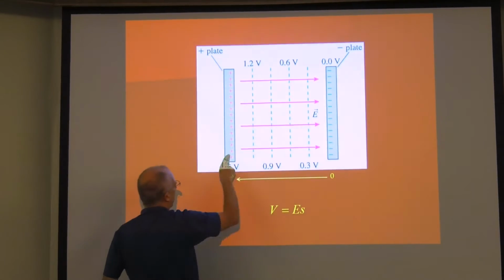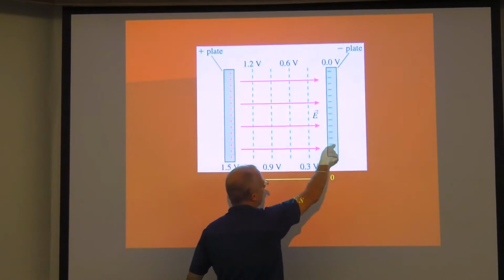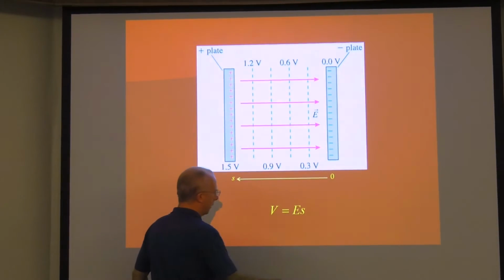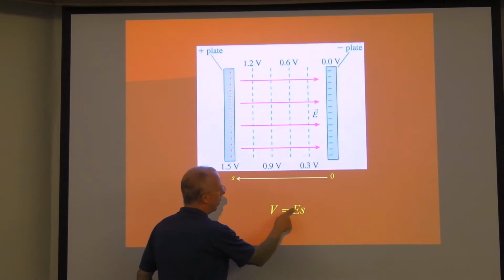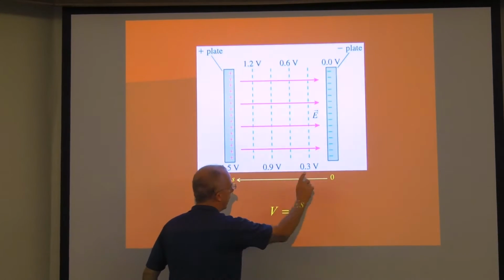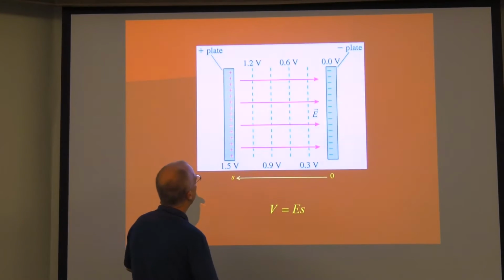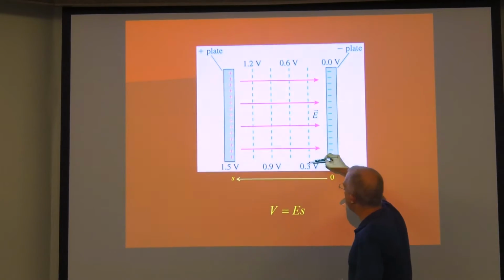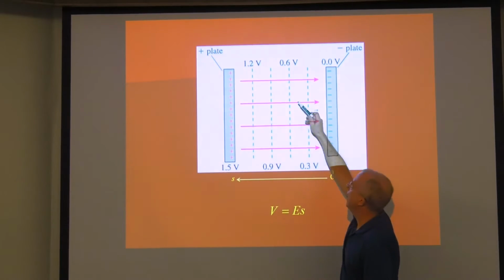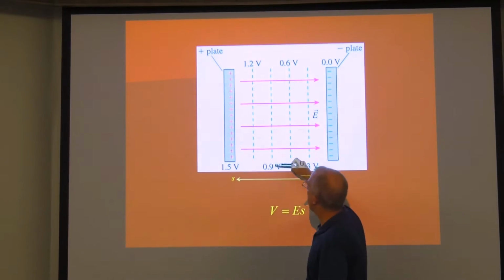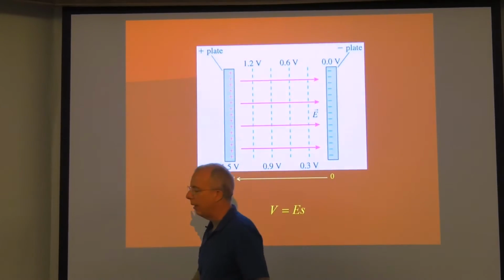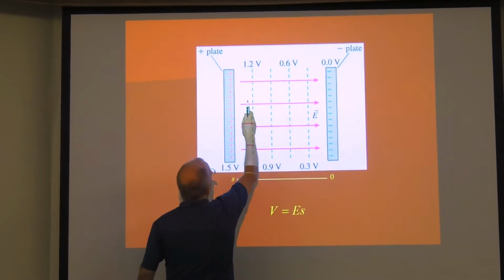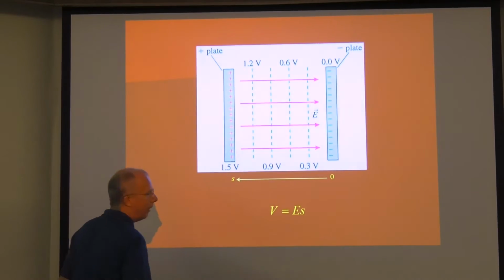So this is 1.5 volts and this is 0. We have a constant E field to the right, and the voltage equals that constant E field times the distance from the negative plate. So we can see that everywhere along this green dotted line, the potential is 0.3 volts. 0.6, 0.9, 1.2.